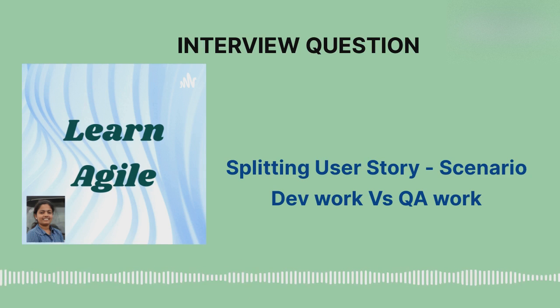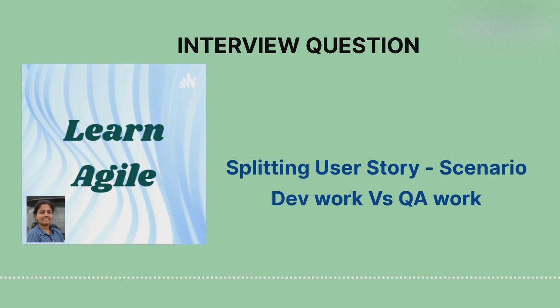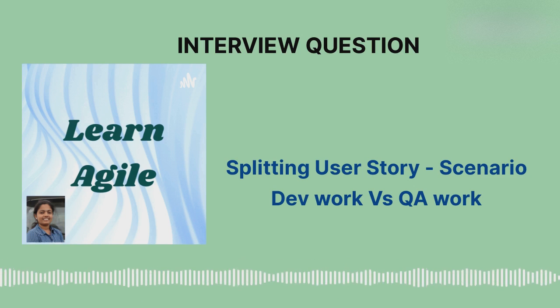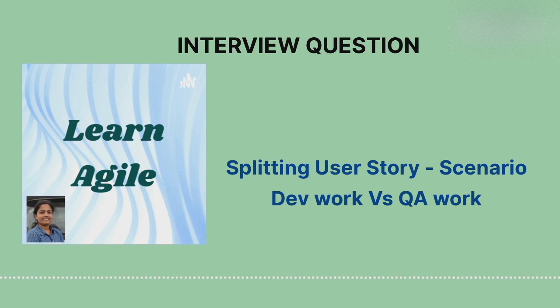As we were unable to gather everything in one story because the testing effort is very huge, we created a model by splitting this user story in such a way that we ensured every user story has a logical outcome and delivers a value.